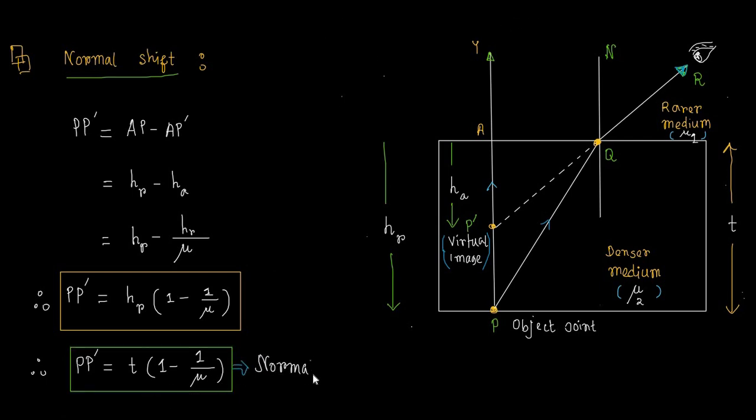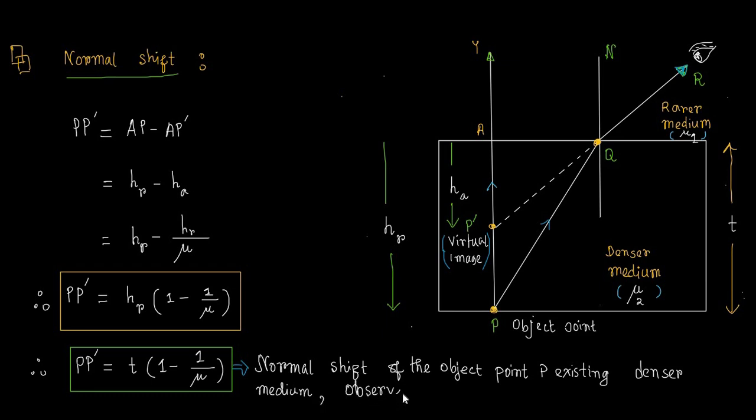That is the normal shift of the object point P existing in the denser medium, observed from the rarer medium.